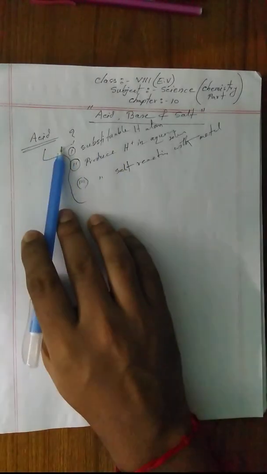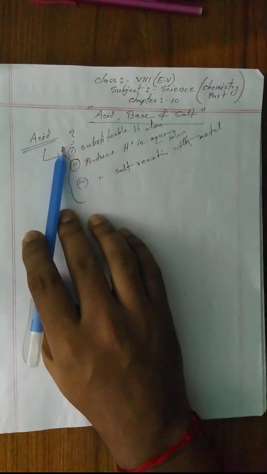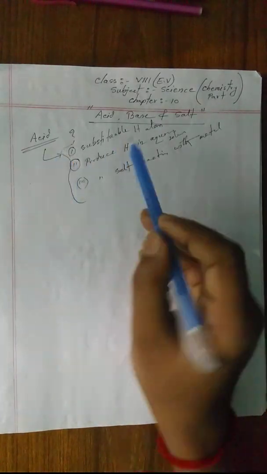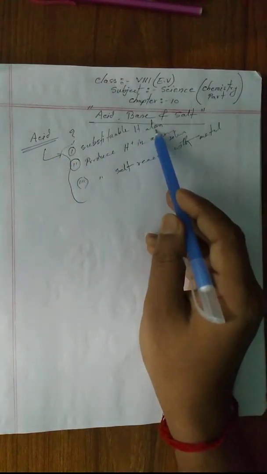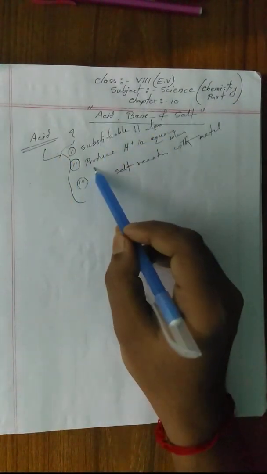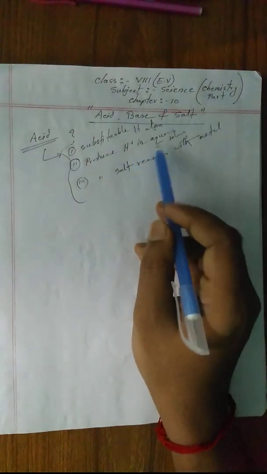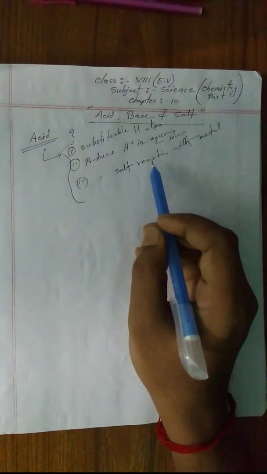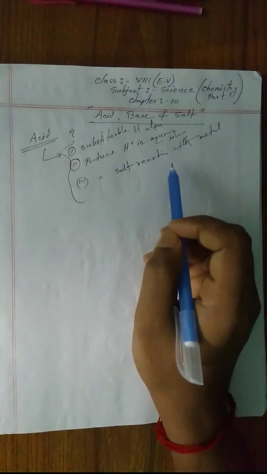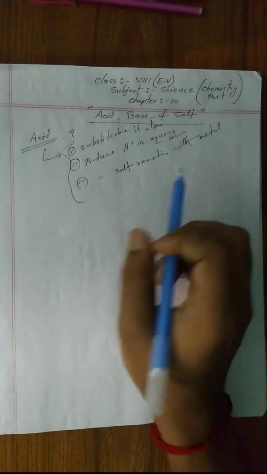So the substances that have a substitutable hydrogen atom, produce hydrogen ion in aqueous solution and produce salt reacting with metal is known as acid.